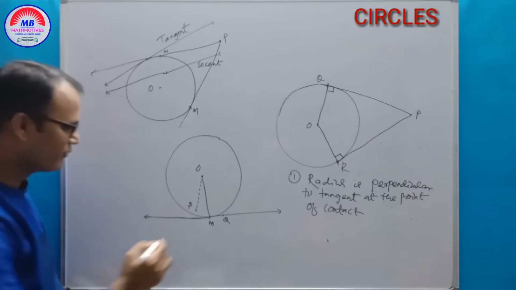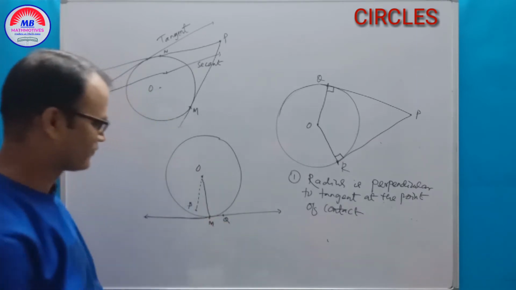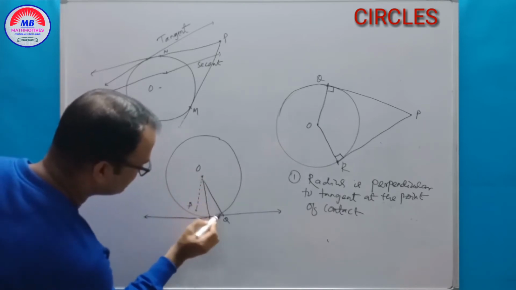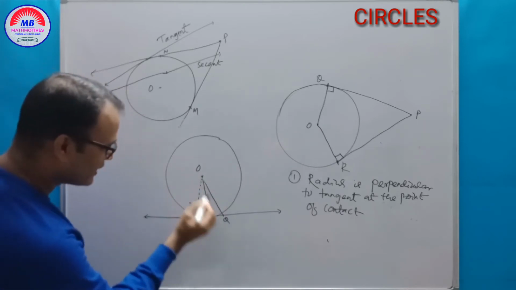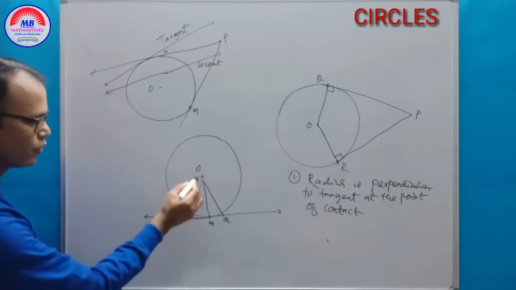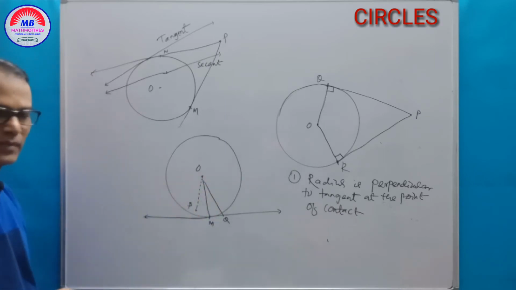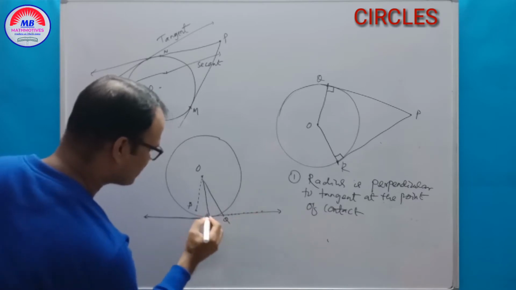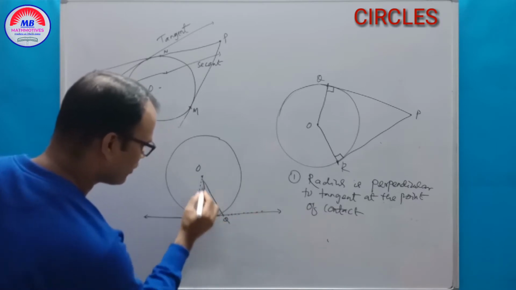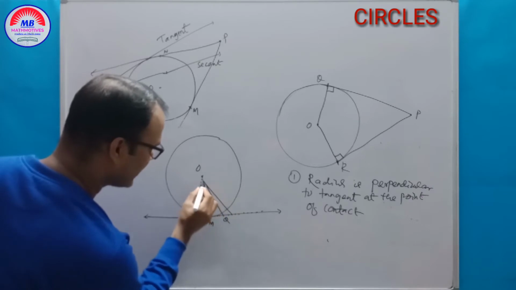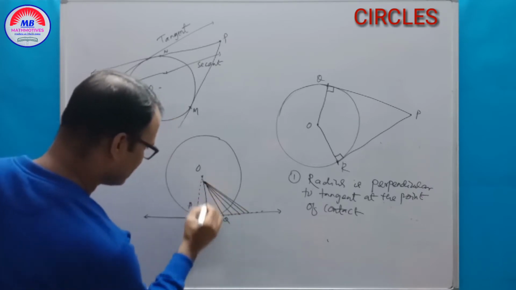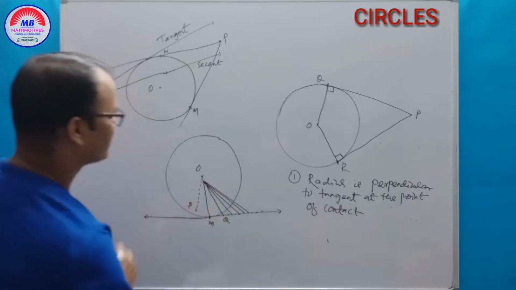But if a point is outside, if you draw, this will be greater than OM. So OQ will be greater than OM. So any point you take on the tangent except this point, all lines joined will be greater than OM.